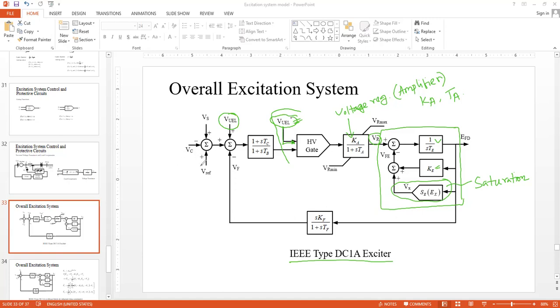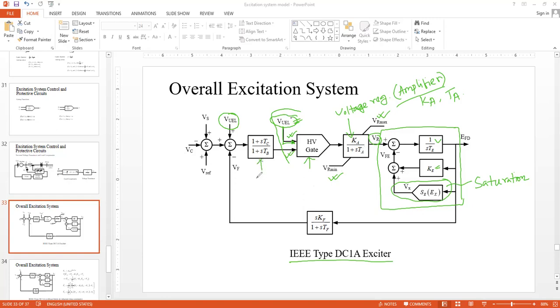There are two summing junctions to start with. And this is the high value gate, meaning whichever value between these two is higher would be passed. The amplifier has a certain upper limit and lower limit based on the practical constraints of the amplifier blocks.